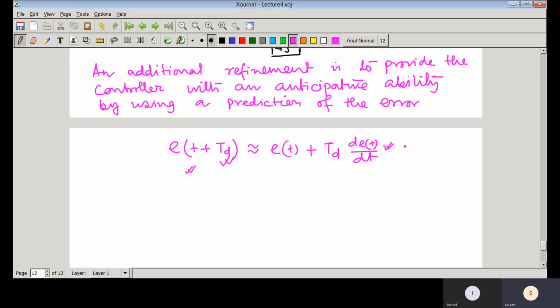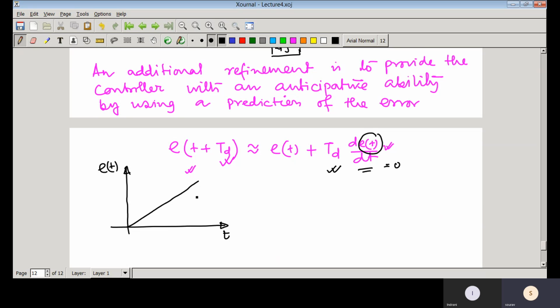So here we can see whenever you have that error signal e(t), suppose error signal is a ramp signal, and here I would like to mention one thing. This type of control strategy only works in the transient part, because if error is constant, then this term would be equal to 0.